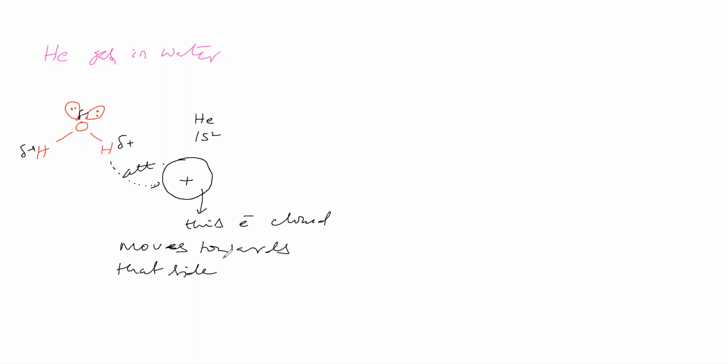That side in the sense this side. So this electron cloud is moving to this side, in the sense here the probability of electron cloud becomes less. Here the probability of electron cloud becomes high. Okay. So now what will happen?